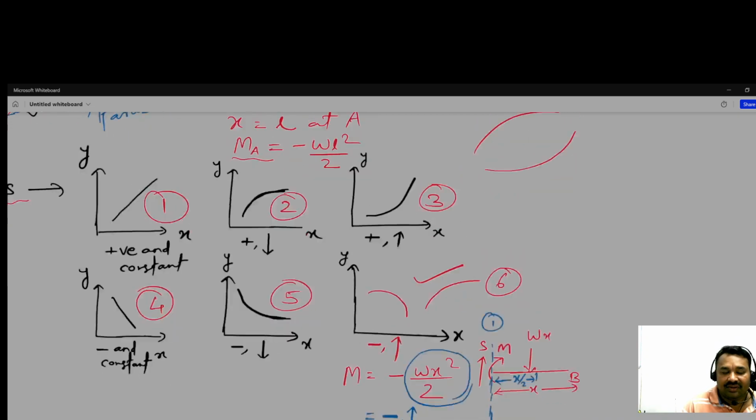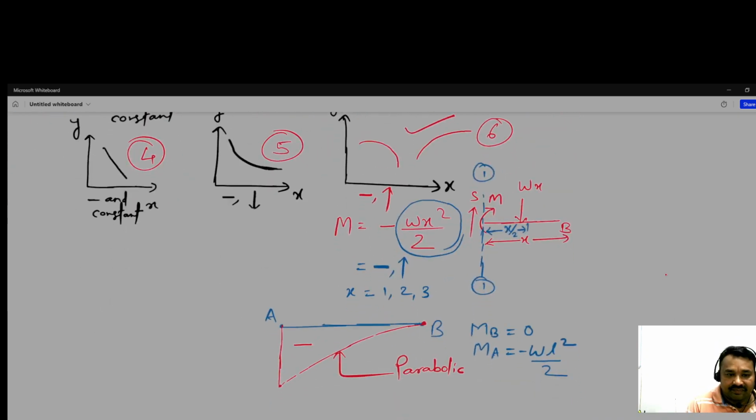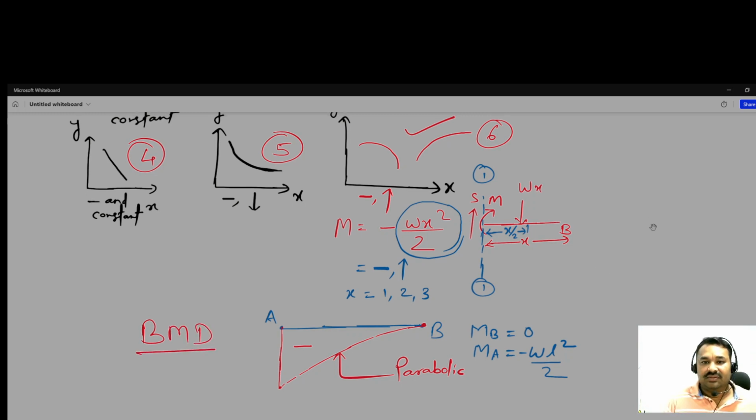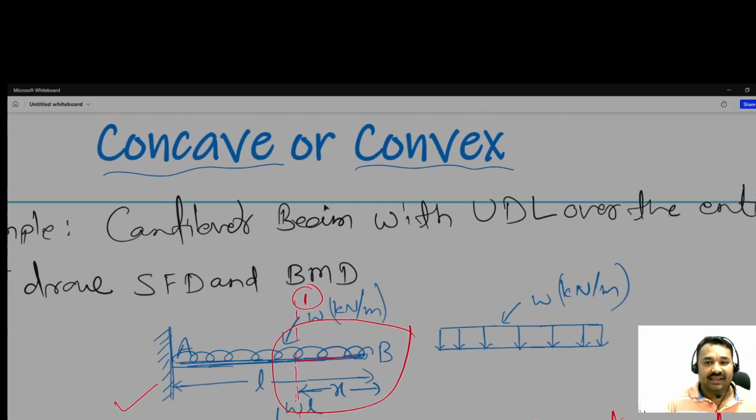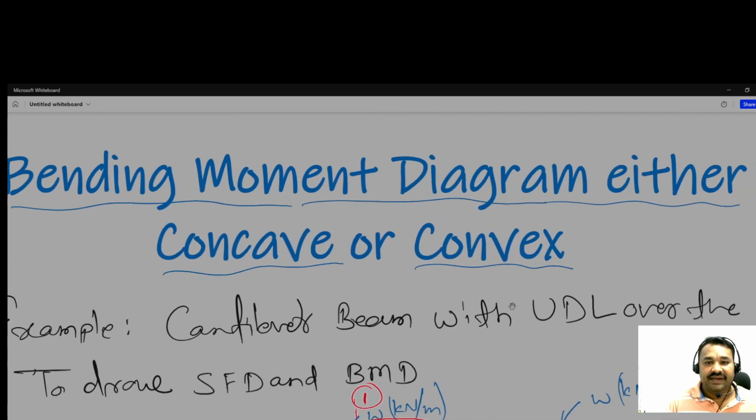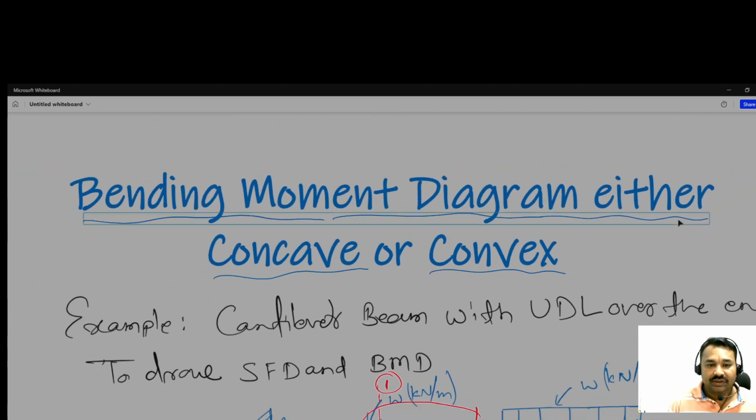So this is our bending moment diagram. So what was our title? Our title was bending moment diagram, either concave or convex.